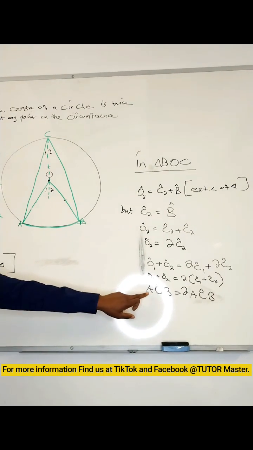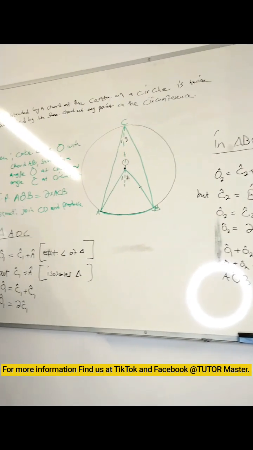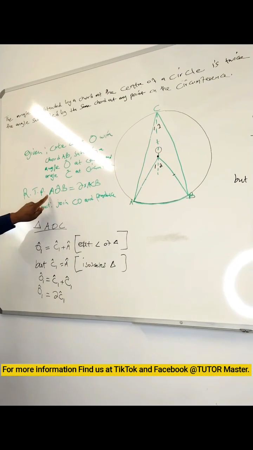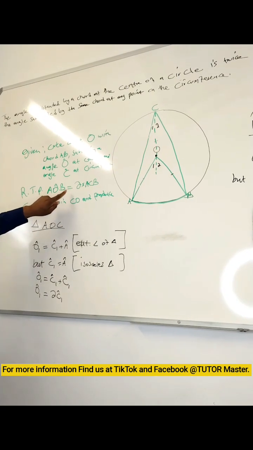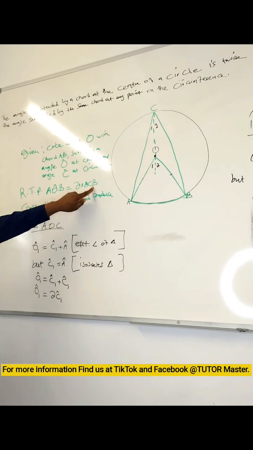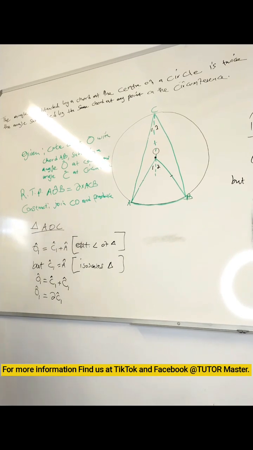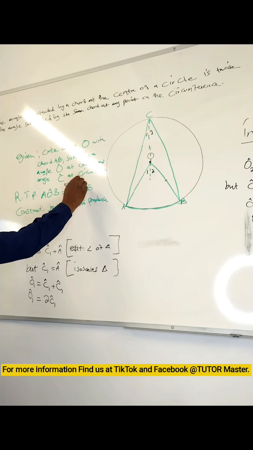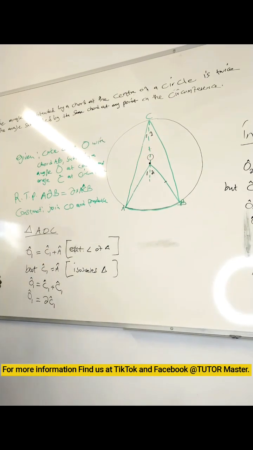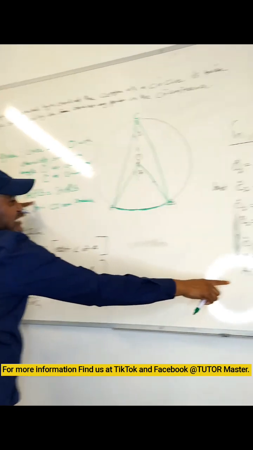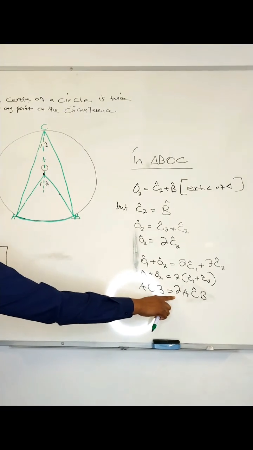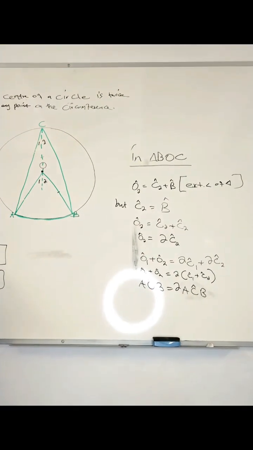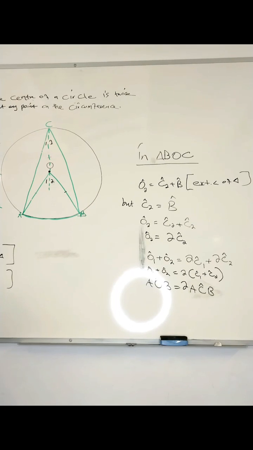Have a look here. We were required to prove that AOB is equal to 2ACB. AOB is equal to 2ACB. We are done. Our job is done.